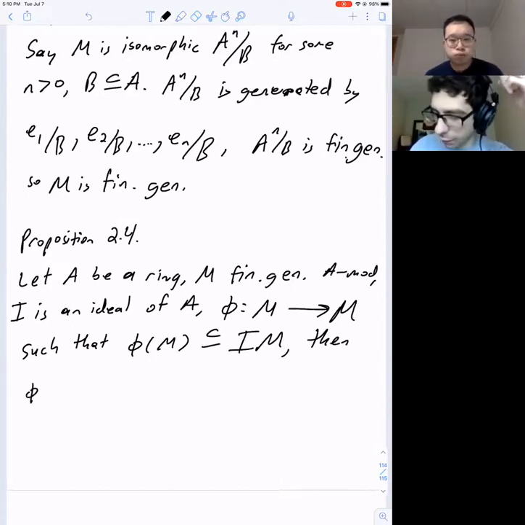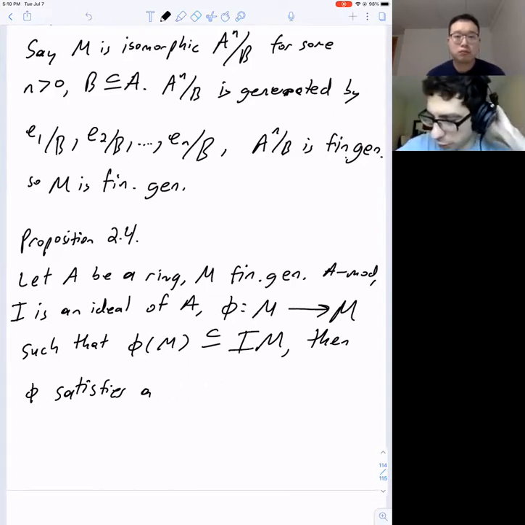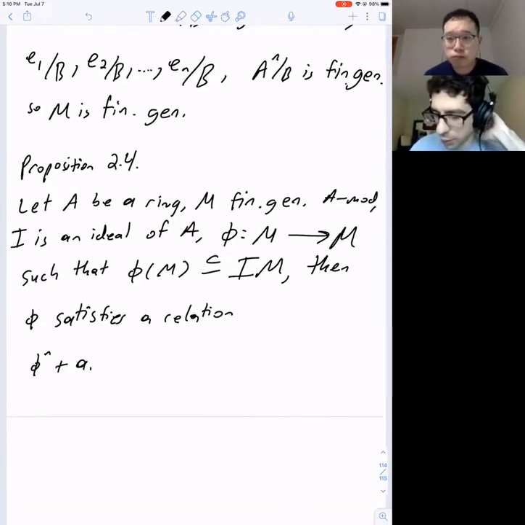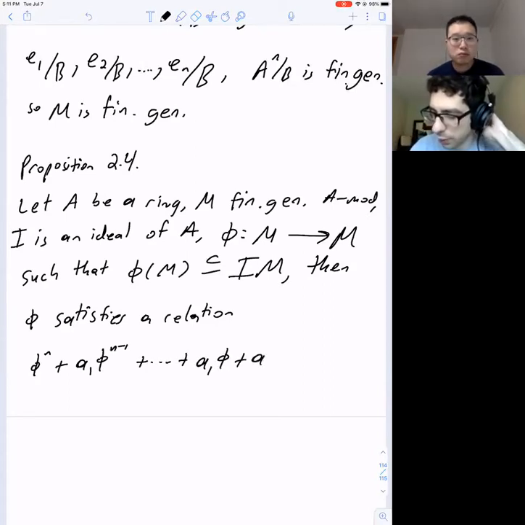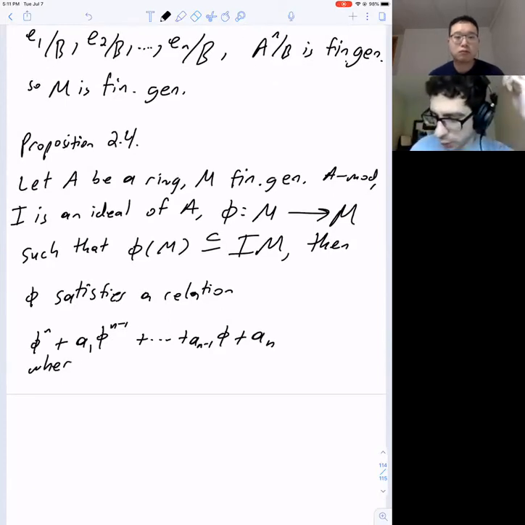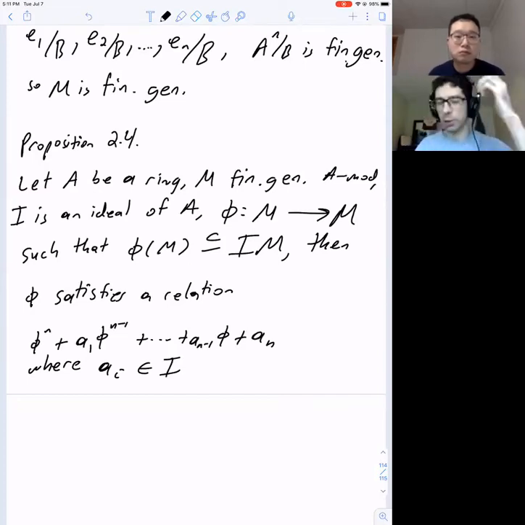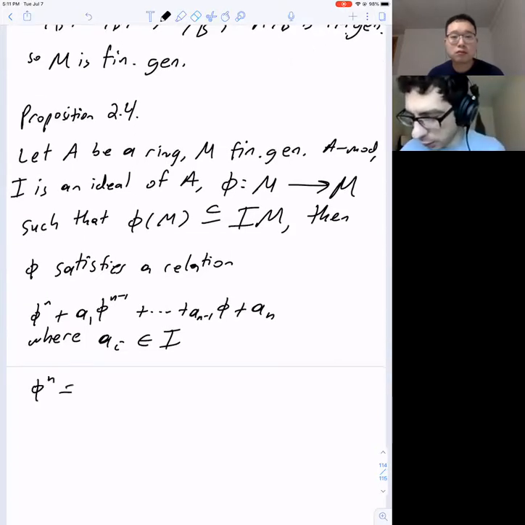Then phi satisfies a relation of the form phi to the n plus a1 phi to the n minus 1 plus ... plus an equals 0, where these ai come from the ideal I, not just the ring. And what I mean by phi to the n is composition.